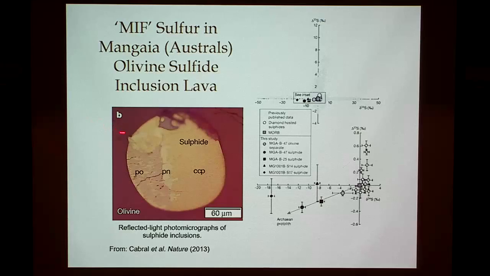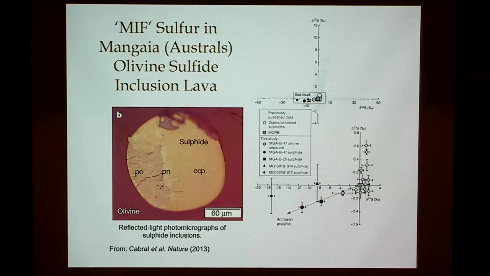So within one of the olivines in the lava, they found a sulfide inclusion. And the sulfur isotope ratios, normally we would expect sulfur isotope ratios to, on this plot anyway, fractionate this way. That is, we would expect the delta 33S and the delta 34S to correlate. They don't.